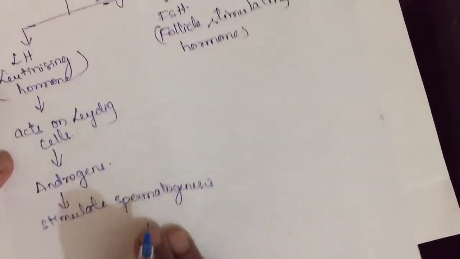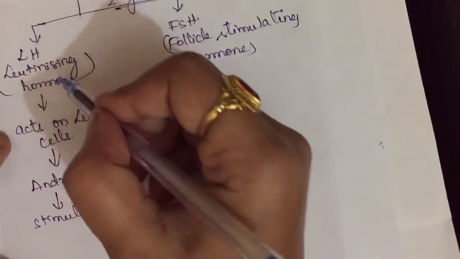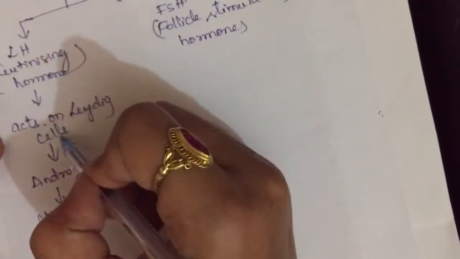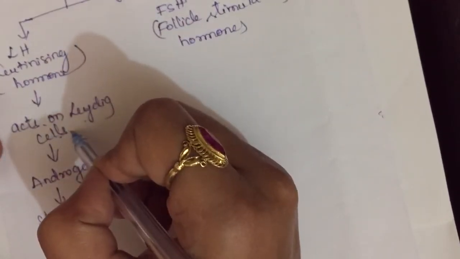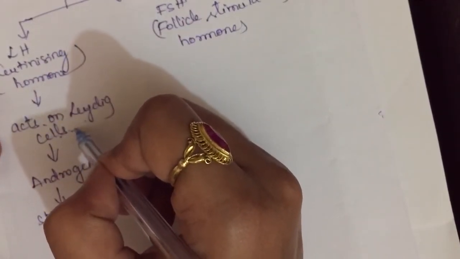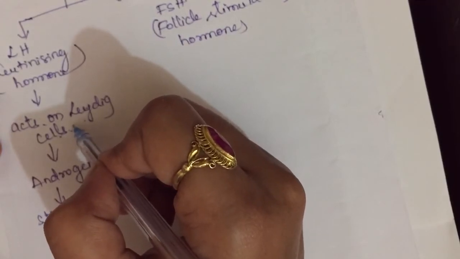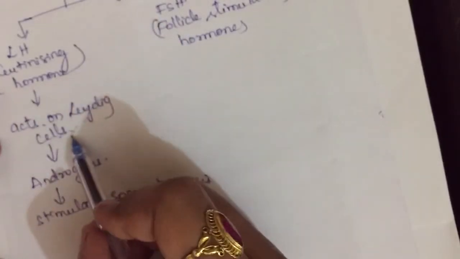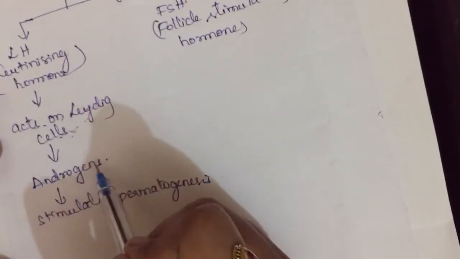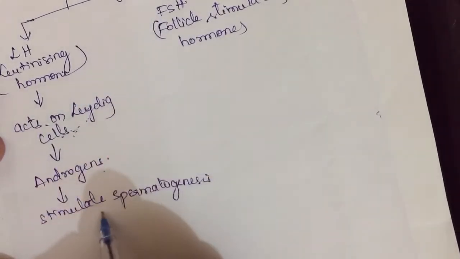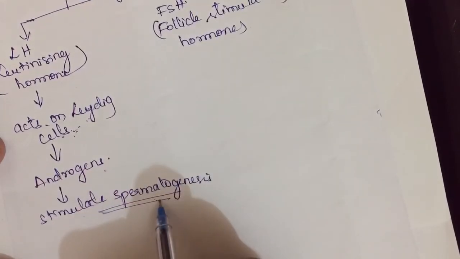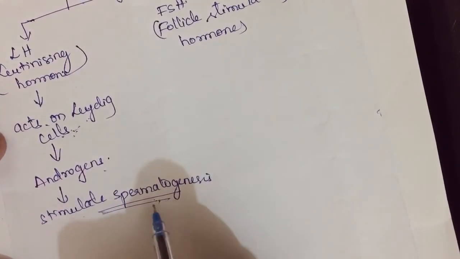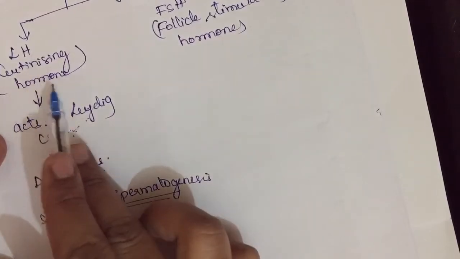Now luteinizing hormone, what does it do? It acts on Leydig cells. Where are these Leydig cells present? These are present between the seminiferous tubules. Their function is to produce testosterone or androgens. Leydig cells get stimulated to produce androgens. Androgens stimulate spermatogenesis, which means they help the process of formation of sperms, right? That is the function of LH.